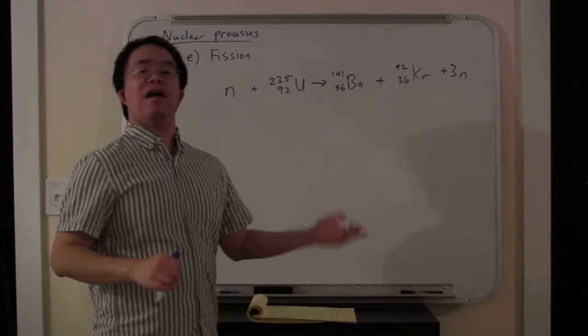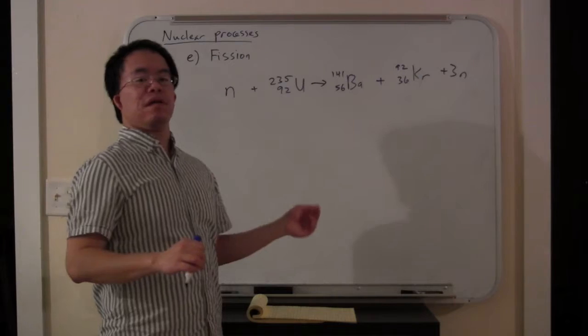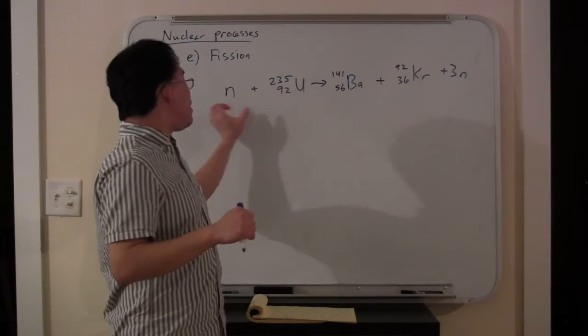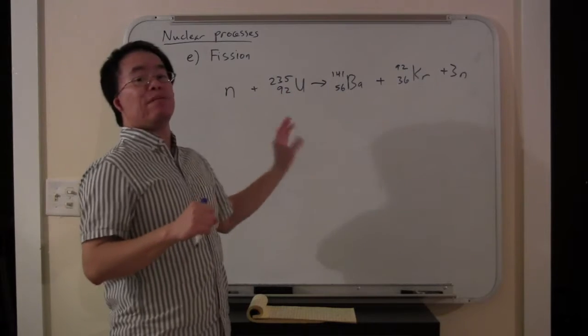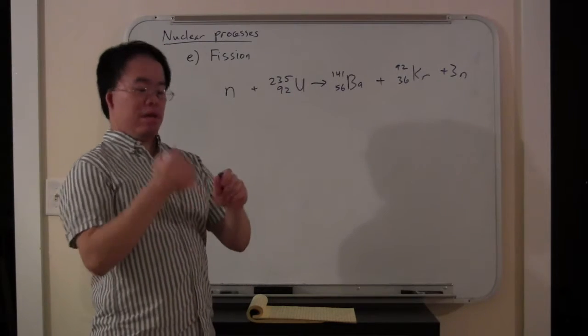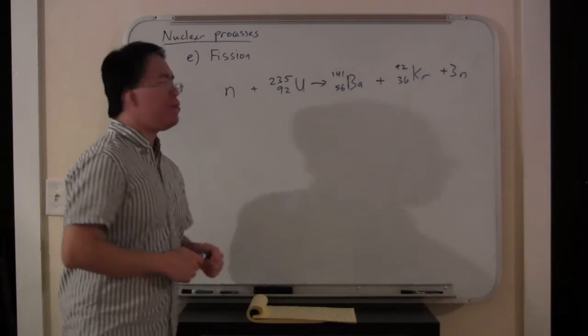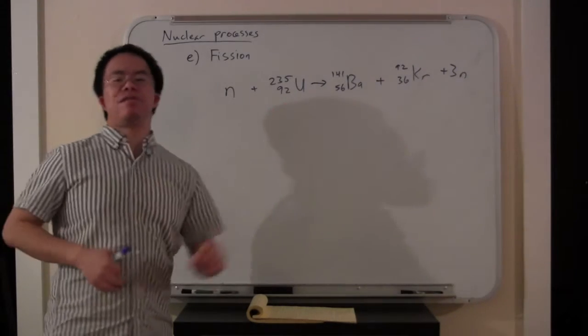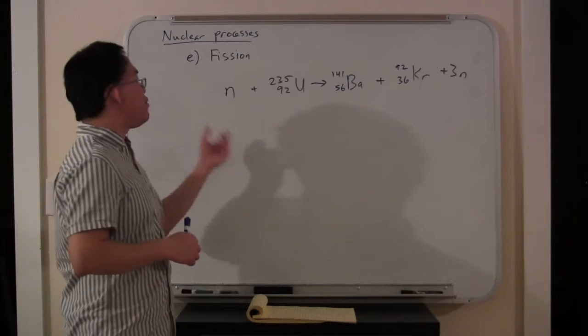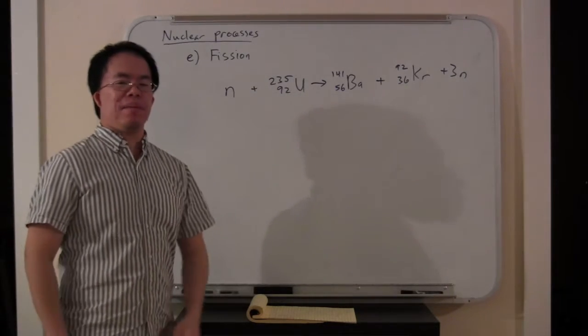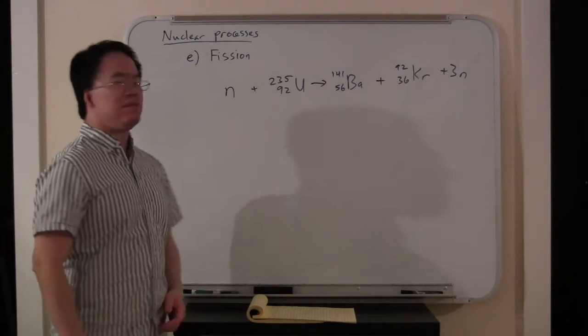So you actually have the wherewithal to calculate how much energy is released when this happens to one uranium nucleus. We'll do that as a whiteboard exercise, actually. I'll give you the masses of the various nuclei. You can also look them up in handbooks if you need to.